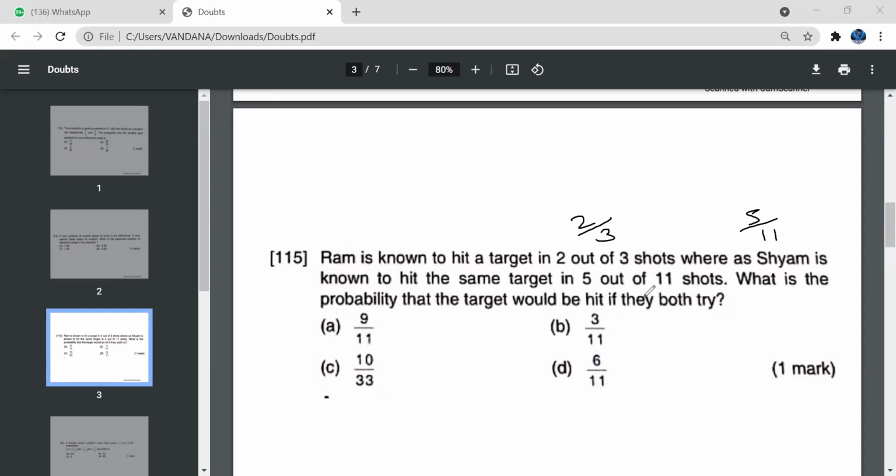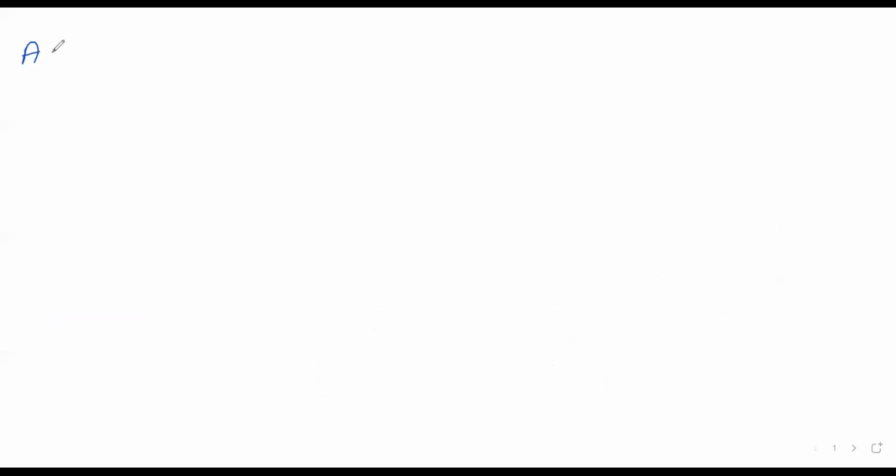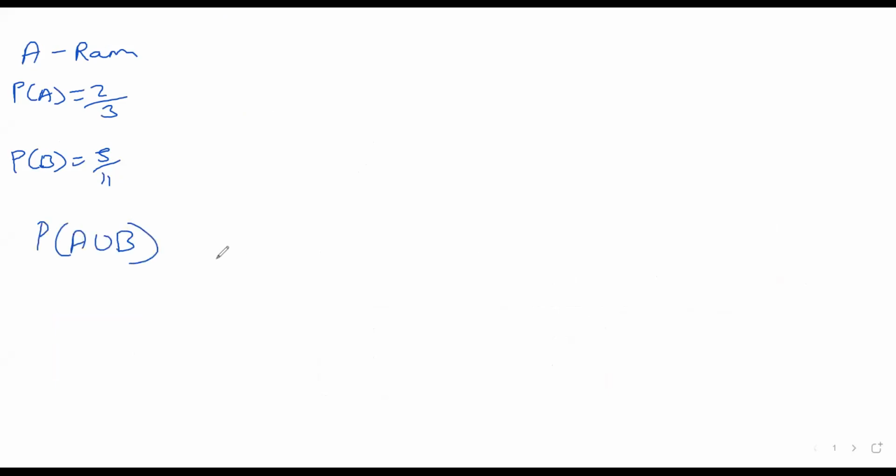The target will be hit only if at least one of them hits the target. So let A be the event that Ram hits the target. P of A is 2/3 and P of B is 5/11. The target should be hit if both of them try, so at least one of them should hit. So I want the probability of A union B. It will be P of A plus P of B minus P of A intersection B. So only Ram will hit, or only Sham will hit, or both will hit.